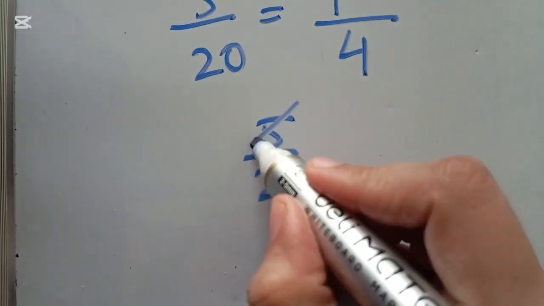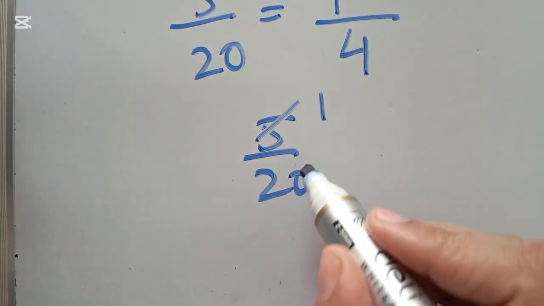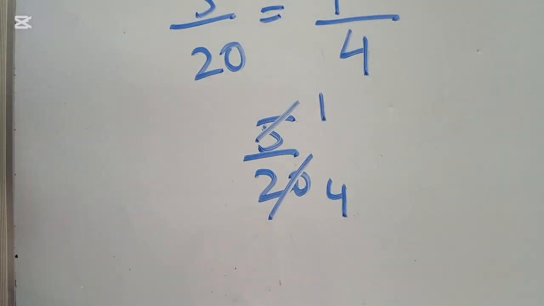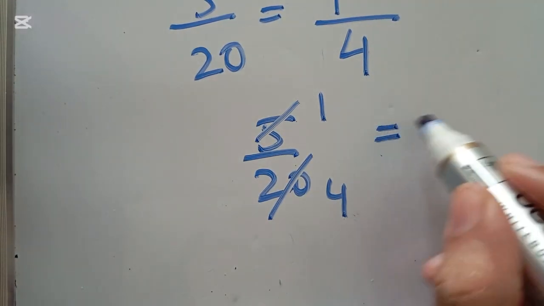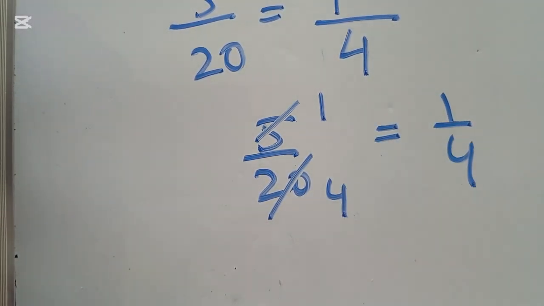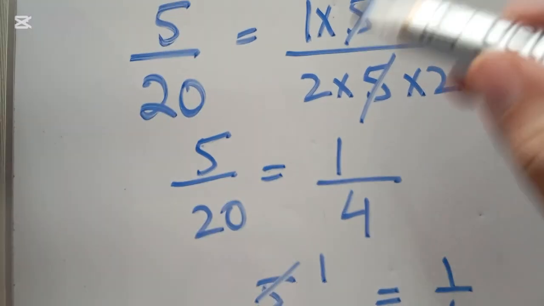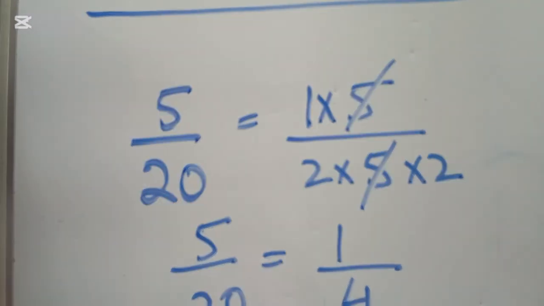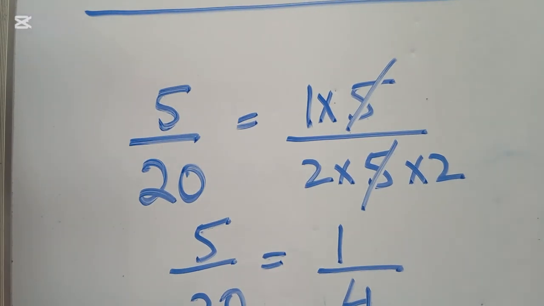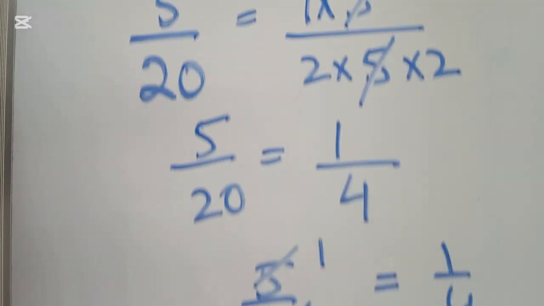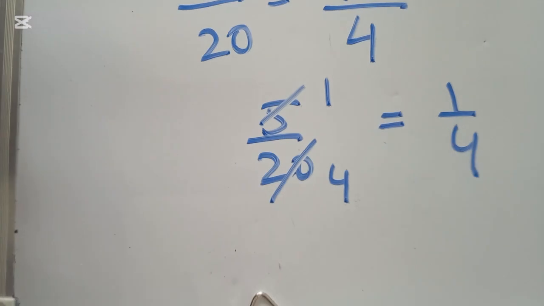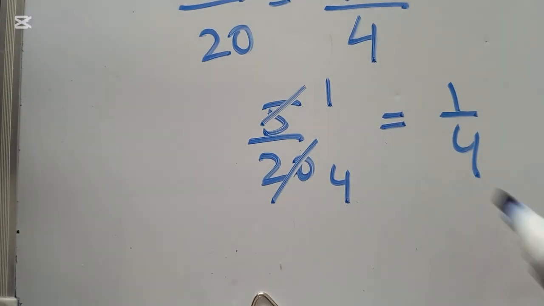Like 5 multiplied by 1 is 5 and 5 multiplied by 4 is 20. So you will get the answer directly without making the factors, without doing such a procedure. But after practicing more problems like this, you will be good at simplifying fractions, and then you can do this procedure directly.